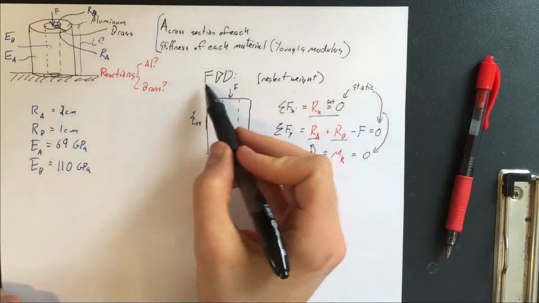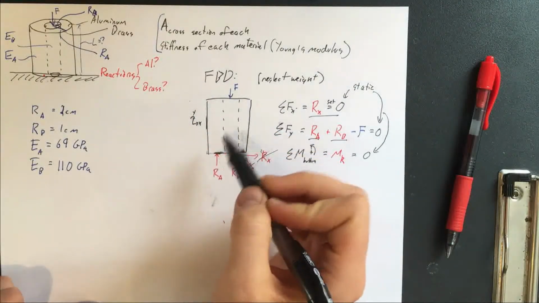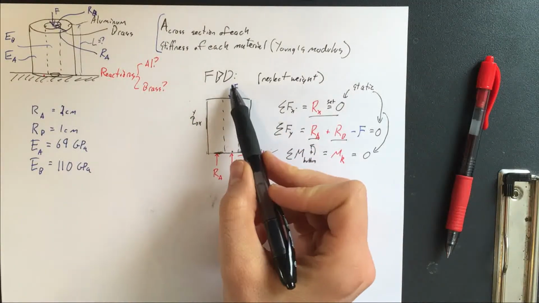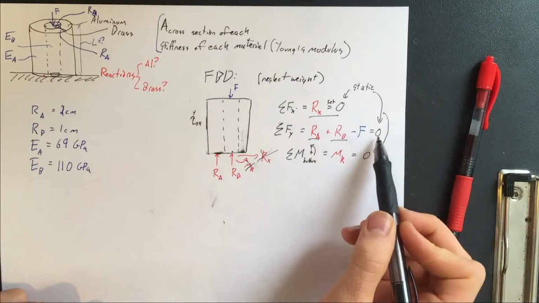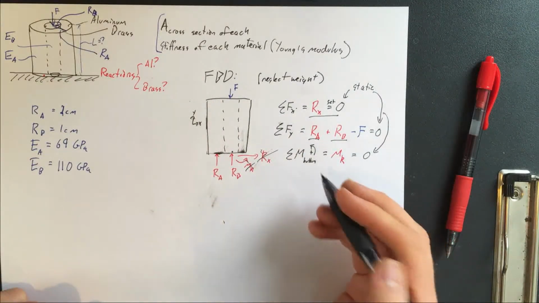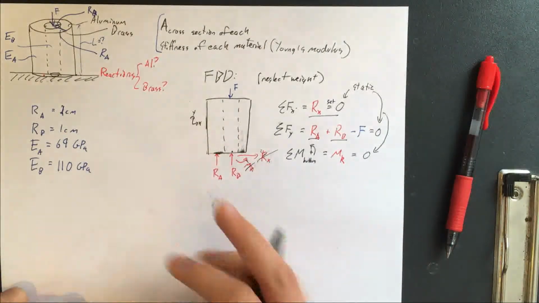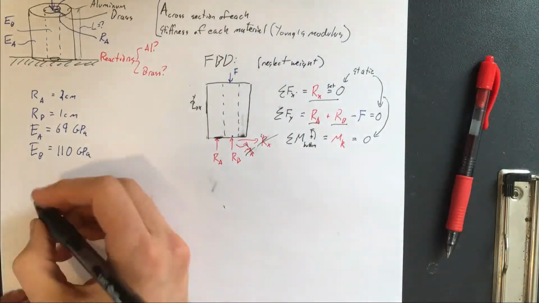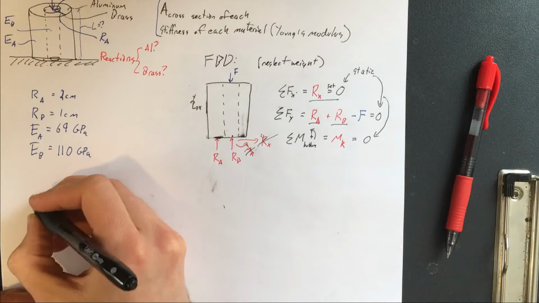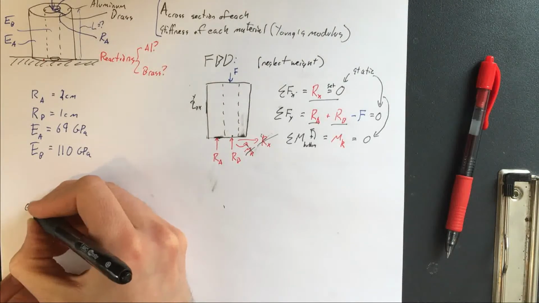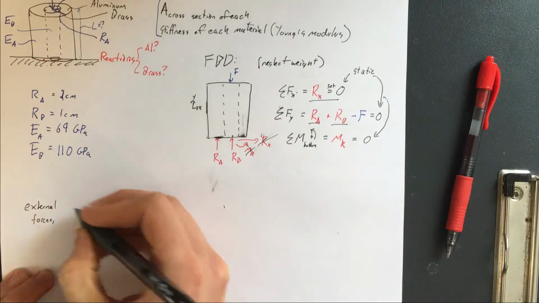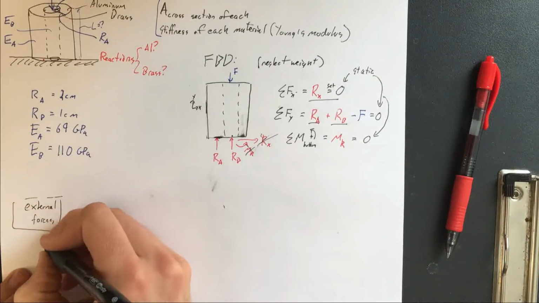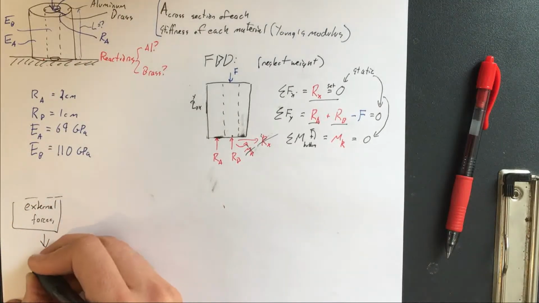Well, you generally start with an FBD for the whole thing. And usually for these types of problems, once you do your FBD and you realize that you have more unknowns than you have equations for, you can look at this general process. So what is the general process? Well, we have external forces. External forces generally give us information about reactions.